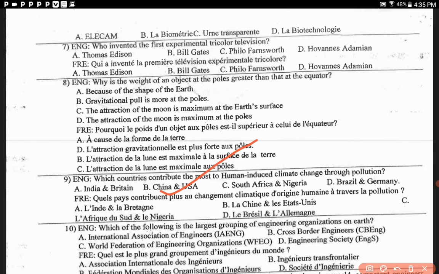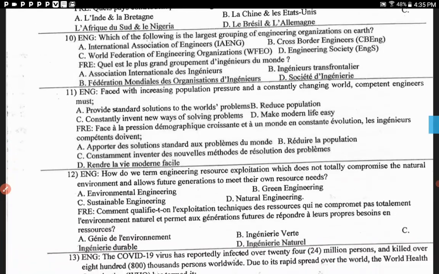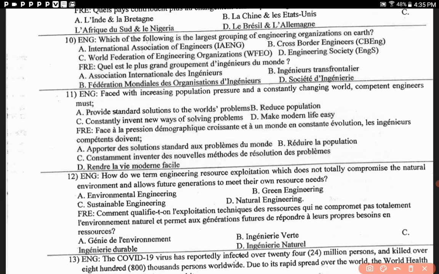Question 10. Which of the following is the largest grouping of engineering organizations on Earth?